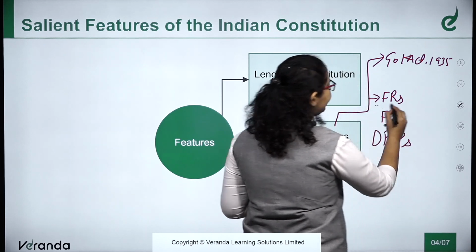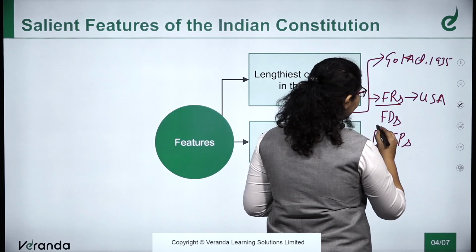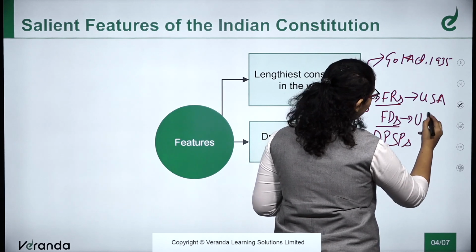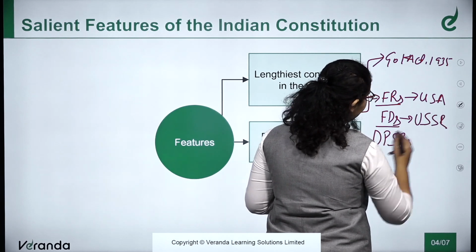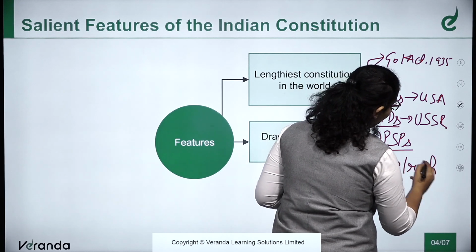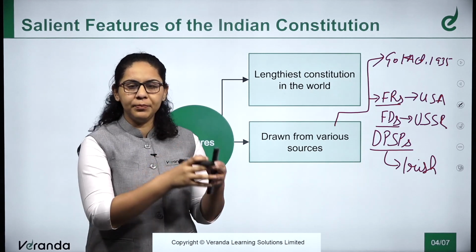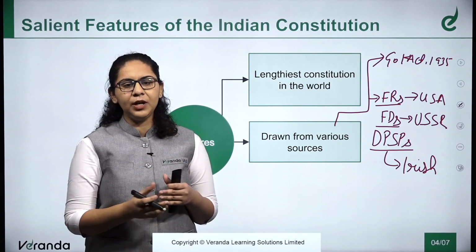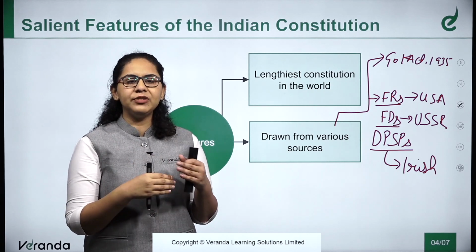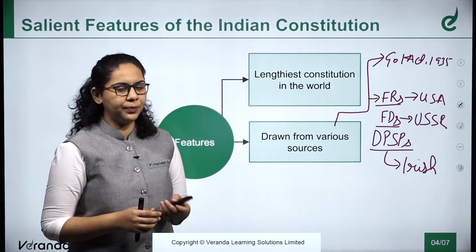Rights we have taken from the Constitution of USA, duties from the erstwhile USSR, and DPSPs from the Irish constitution. And the political part of Indian Constitution is mainly taken from Britain. Since Britishers were ruling over us, we have taken the parliamentary form, the cabinet form of government from the British constitution.